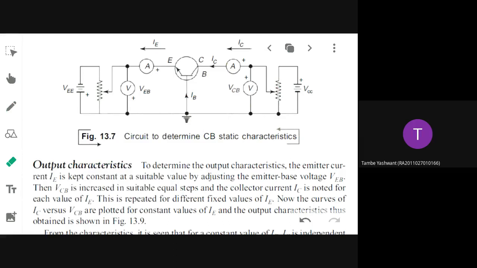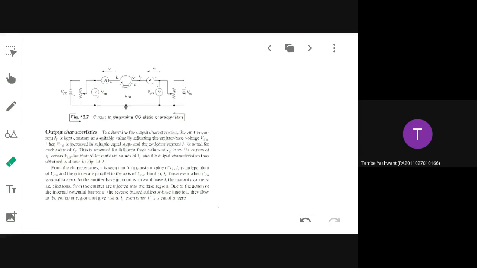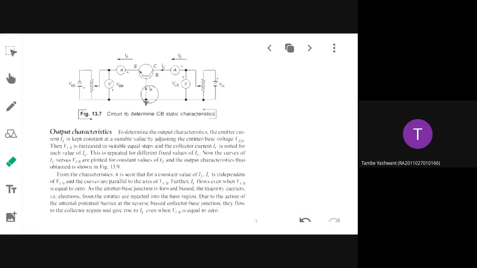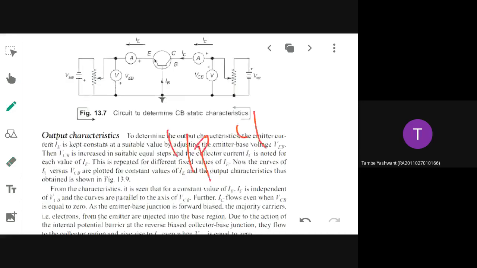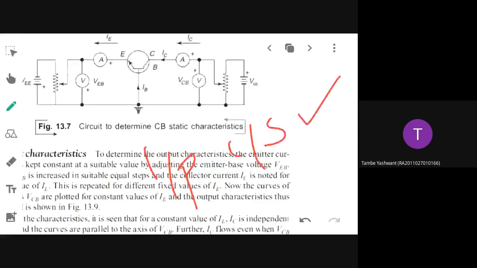Now remember, the emitter side is input and the collector side is your output. I want to obtain two sets of characteristics, the output characteristics and the input characteristics. If I want to draw the input characteristics, the output side parameters should be kept constant.